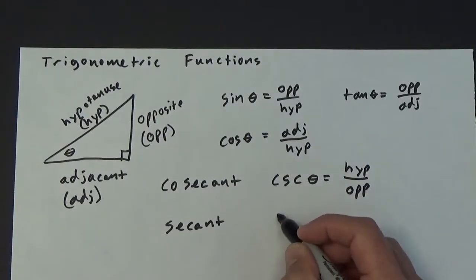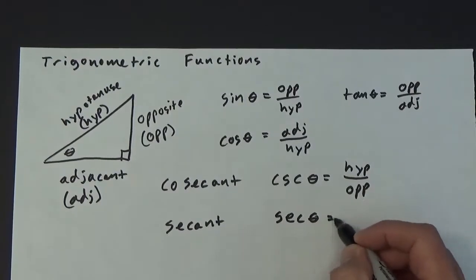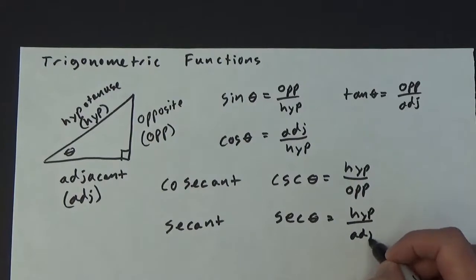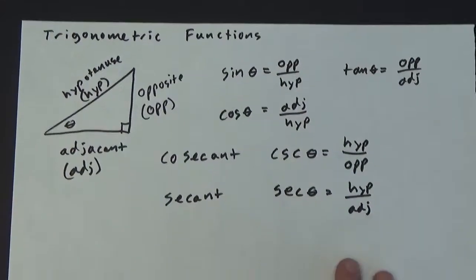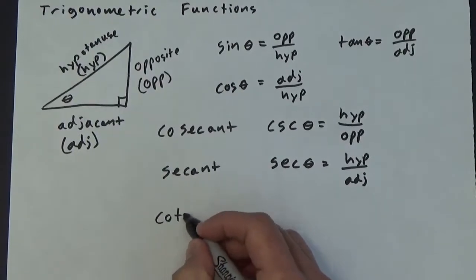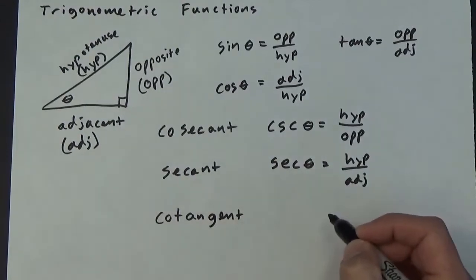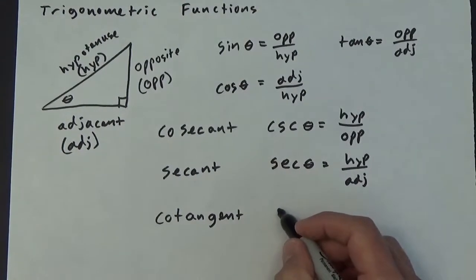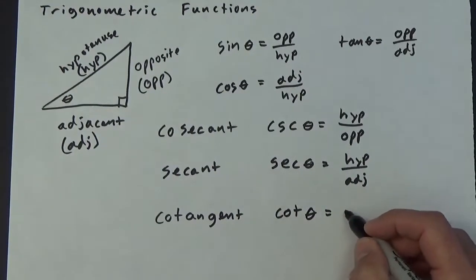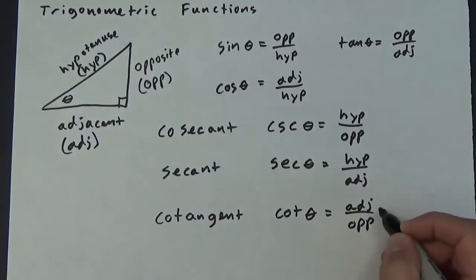And the secant we abbreviate SEC of theta. And this is going to be the hypotenuse over the adjacent. And then the last one is the cotangent. And the cotangent we abbreviate COT. And that's going to be the adjacent over the opposite.